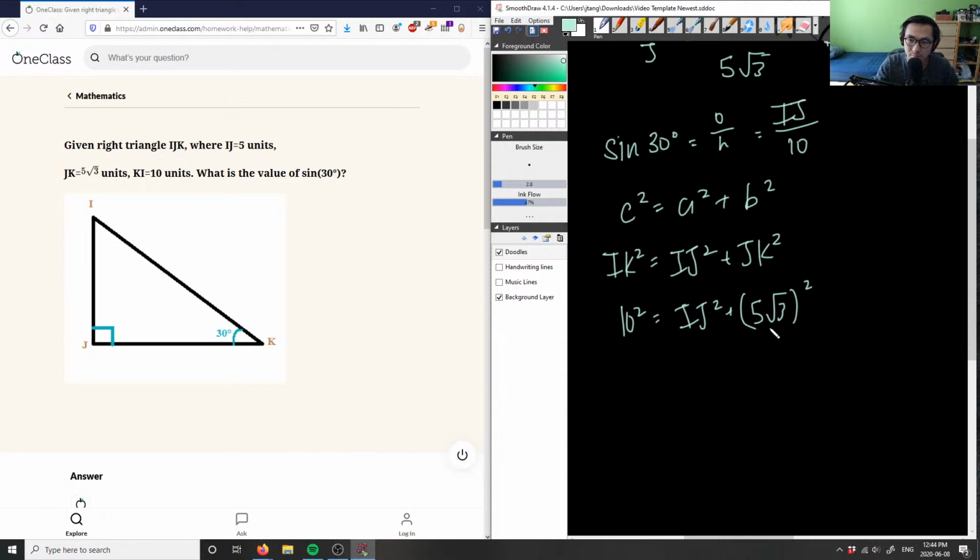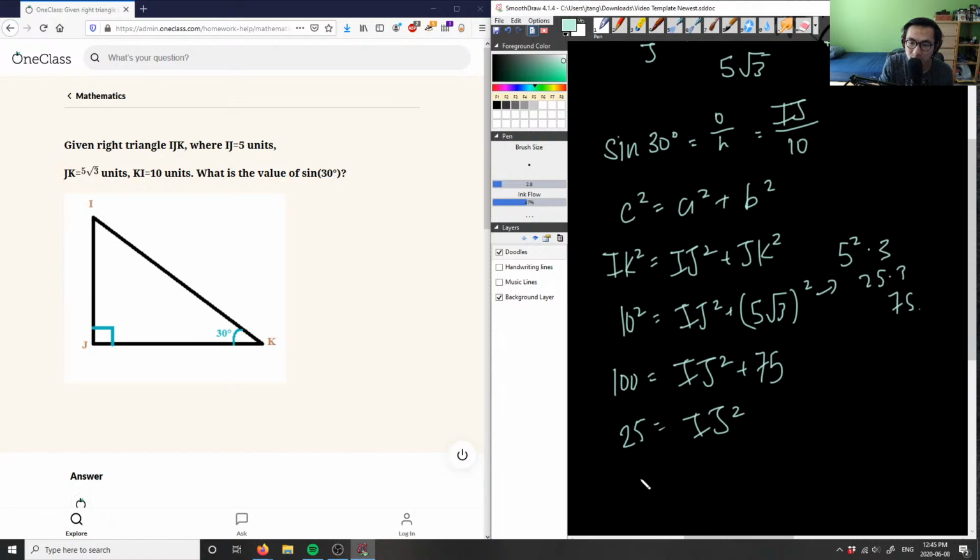So 10 squared is 100 equals IJ squared plus 5 root 3 squared. 5 root 3 squared gives me 75. If we want to know this, we can simply do 5 squared times 3, which is 25 times 3, giving 75. I can subtract 75 from both sides to get 25 equals IJ squared. We can square root both sides to get IJ equals 5.